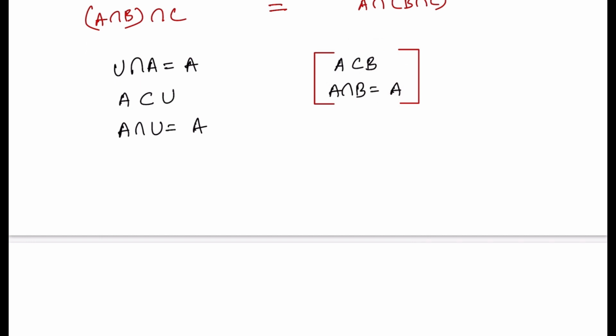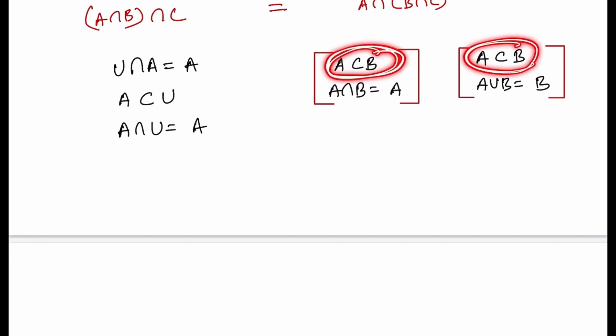Now we have seen a similar property in the previous topic. What was that property? If A is a subset of B, then A union B will always be B. So if A is a subset of B, then B is the superset and A is the subset.